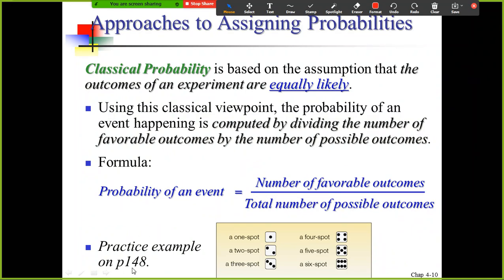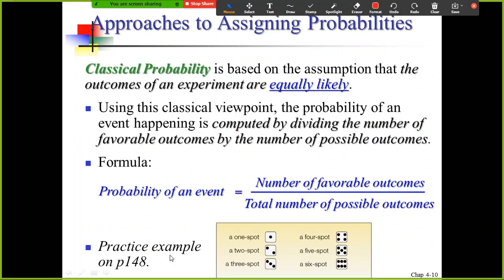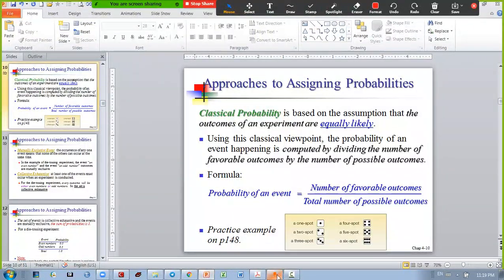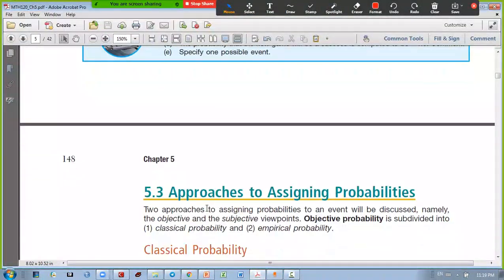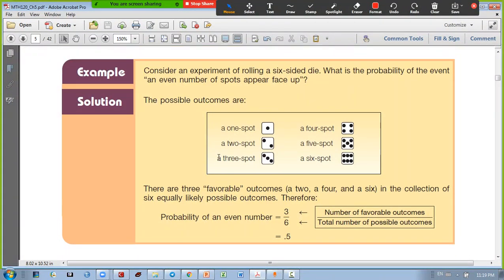If you go to the textbook on page 148, you can see this here. Consider an experiment of rolling a six-sided die.